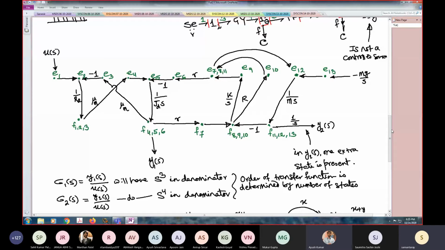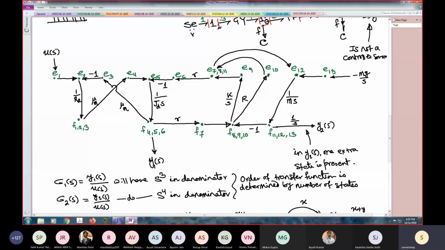Okay. So we have directly connected E1 to E4. Sorry. E1 cannot be connected to E4. There is E2. So E2 should be connected to E4 by gain mu m by RA. And we can connect F4 to E2 by gain mu minus mu m.